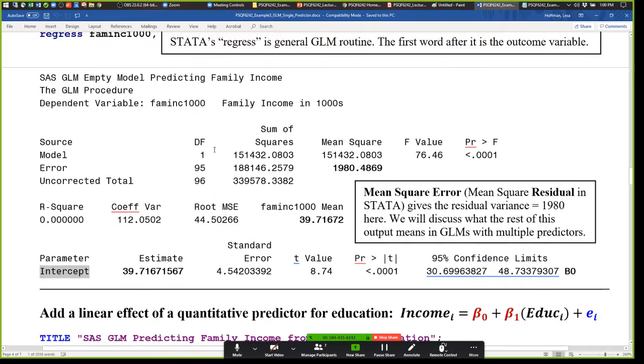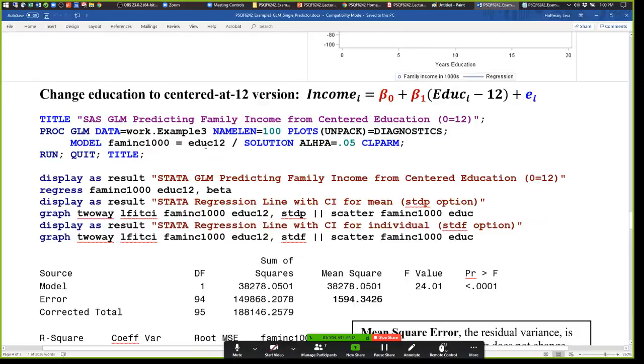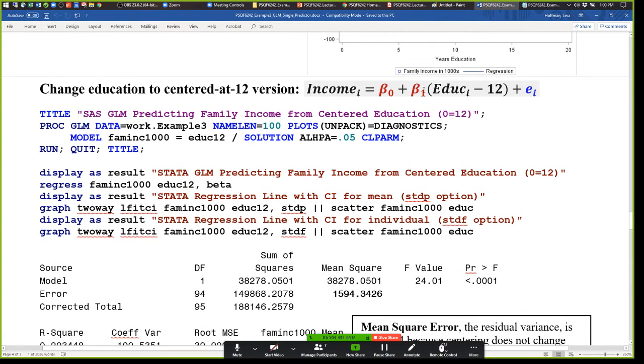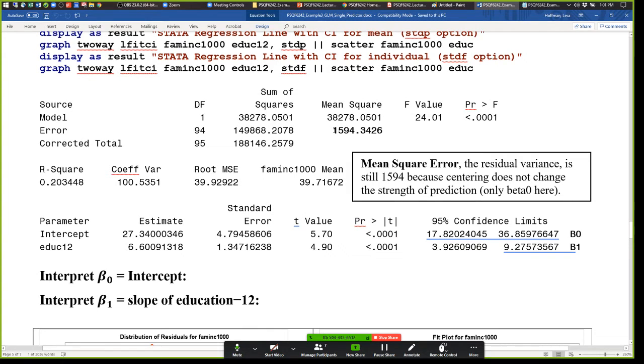Okay. So a model that has a quantitative predictor would look like this. So pleases, for instance, predicting fits or vice versa, where you have the centered version going in. Then there's three things you'd want to know.